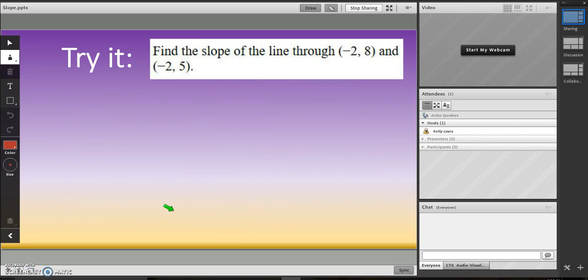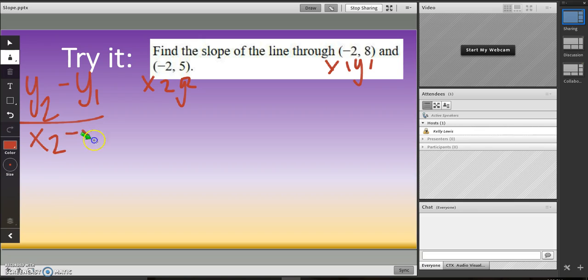All right, so here we are. It's our first set, second set. X comes first, then y. X comes first, then y. We use our formula, y2 minus y1 over x2 minus x1. The value of y2 is 5, then a minus sign, the value of y1 is 8.